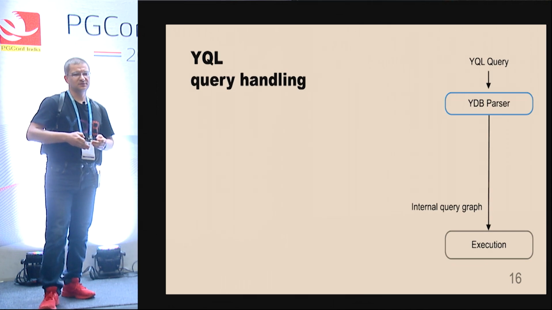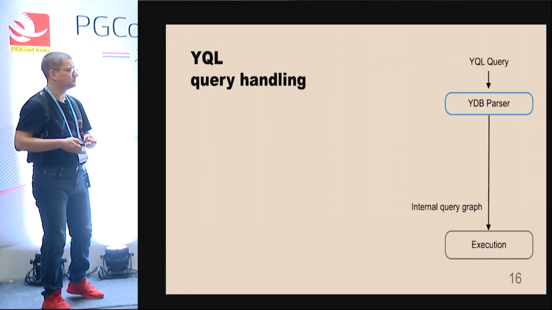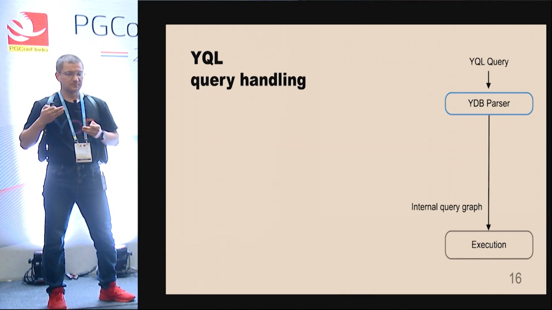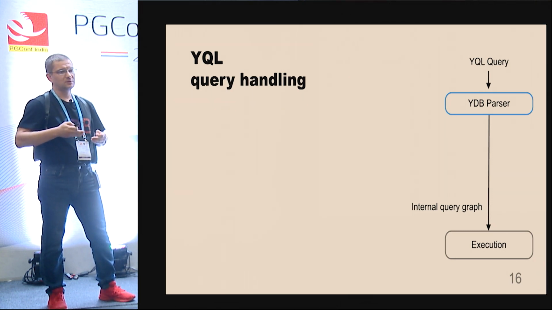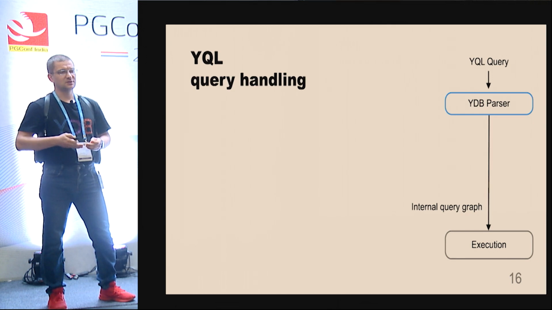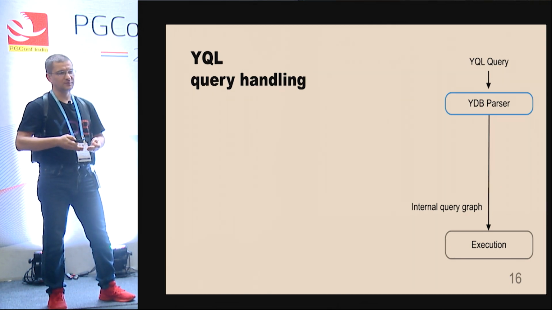The next step is to understand the query, parse the query. In native YDB, we parse the query text with the YDB parser and create an internal query graph for execution. Then we send the graph for execution to the next level.